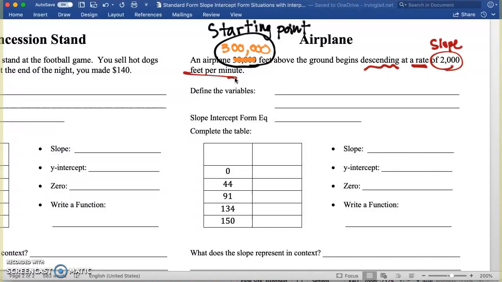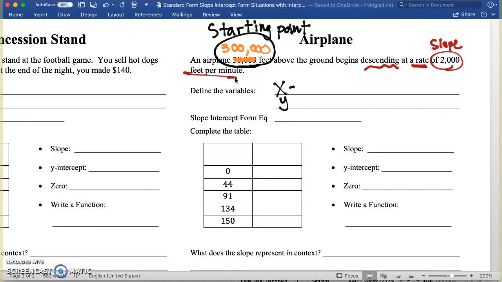Now, of course, we know the airplane doesn't start from 300,000 feet in the sky. It has to start on the ground. But for the context of this problem, it began descending from 300,000 feet. So that's what we consider our starting point. So we can still identify the variables x and y. In this situation, the variable x is tied to the rate. 2,000 feet per minute is my rate.